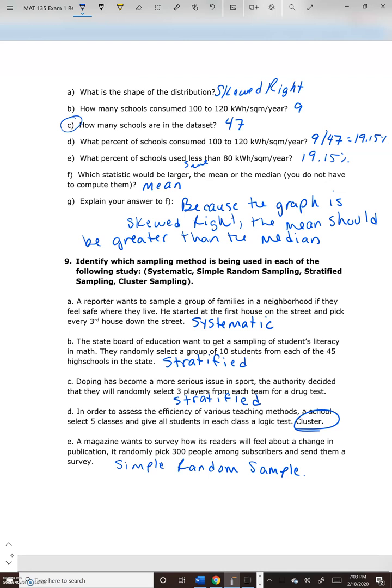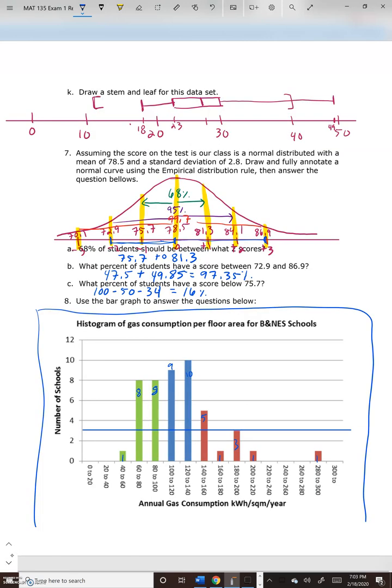Question A, what is the shape of the distribution? I put skewed right because if you were going to draw a curve of this, the area on this side, or this part of the graph, is pulling it to the side instead of being a normal curve, okay?